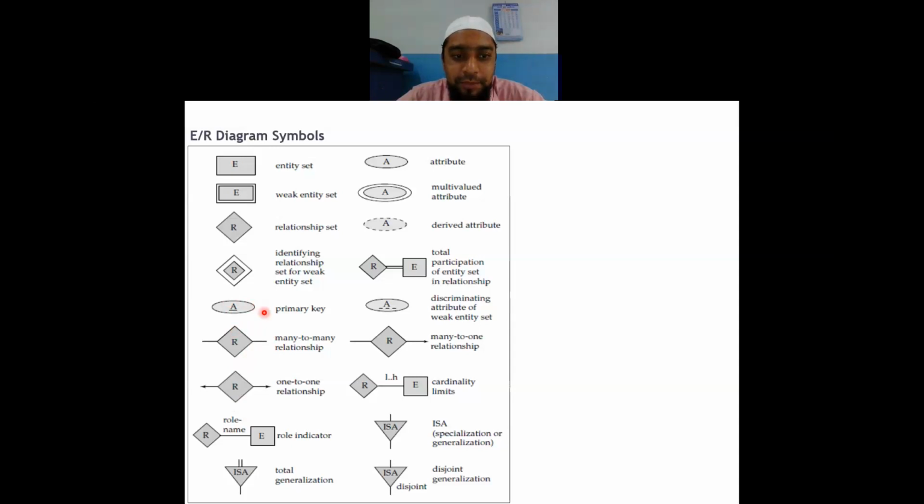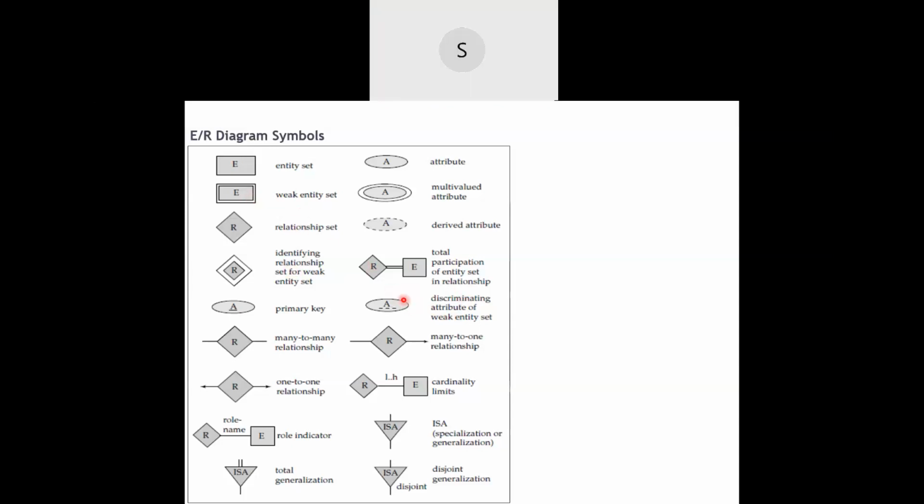Similarly, a primary key is also an attribute, right? It will have an underline to differentiate it from all other normal attributes. One more point. If there is any weak entity set, that weak entity set should also have certain attributes with it. Those attributes will be underlined, but with a dashed underline.